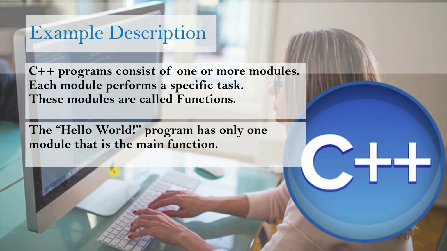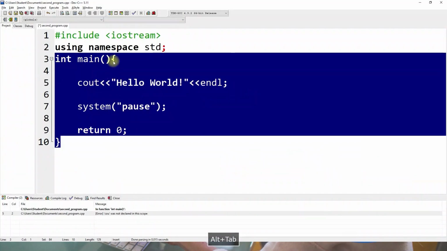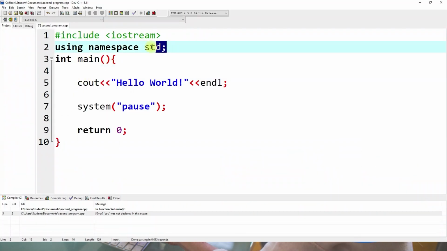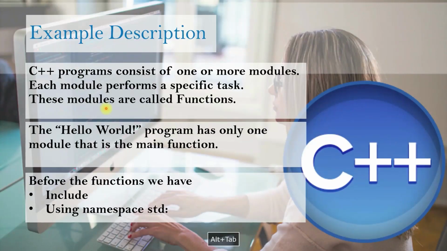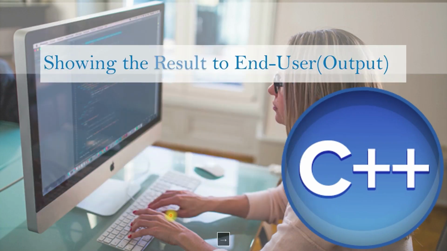And then, before the function, we have include iostream and using namespace std. And this include and using namespace std, these parts declare the libraries where the C++ commands are defined.